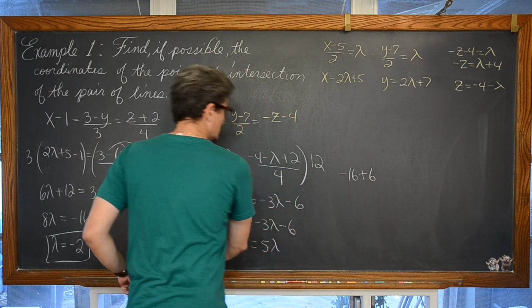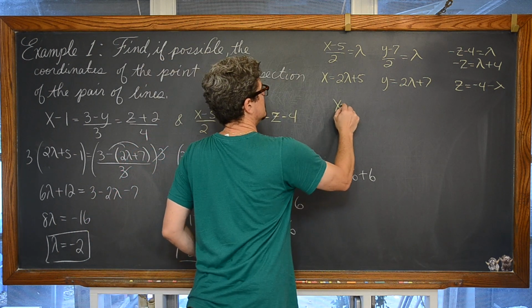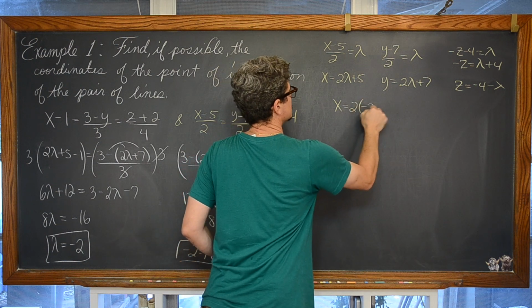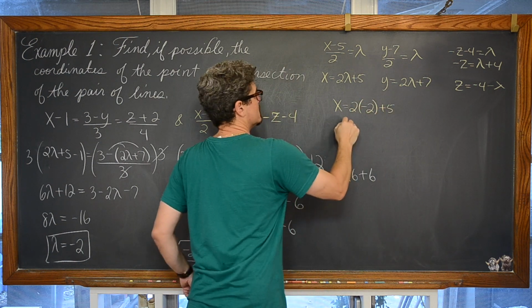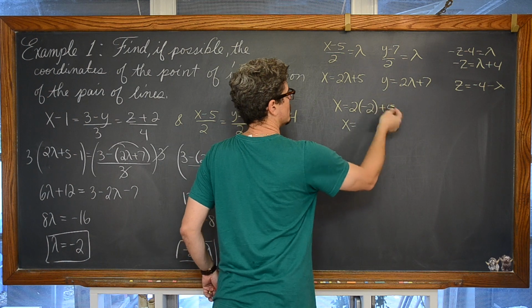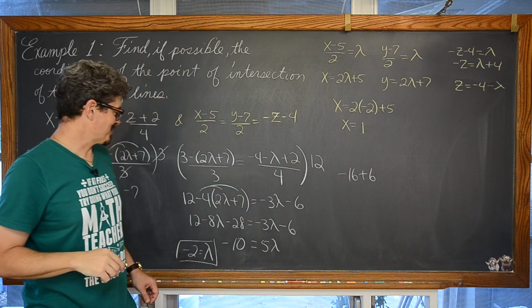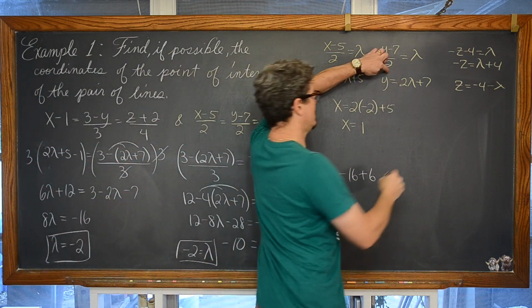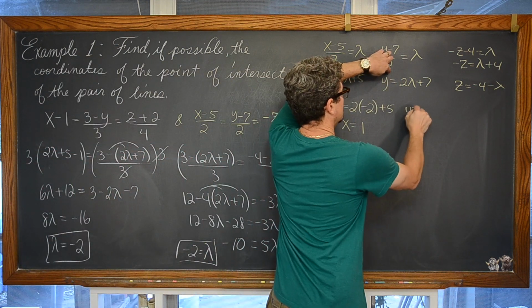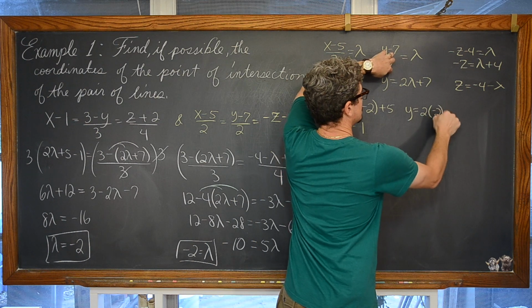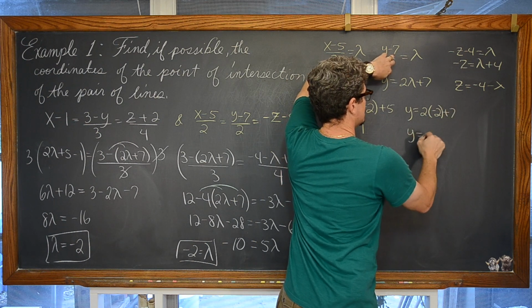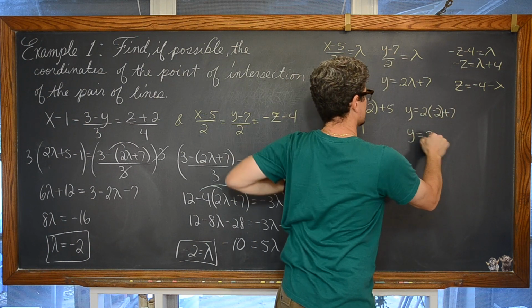So we have x equals 2 times negative 2 plus 5. So we're looking at x is equal to negative 4 plus 5 is 1, not negative 1. And we're going to take that negative 2 and plug it up into here for y. We have y is equal to 2 times negative 2 plus 7. So we're looking at y is equal to negative 4 plus 7, which is 3.